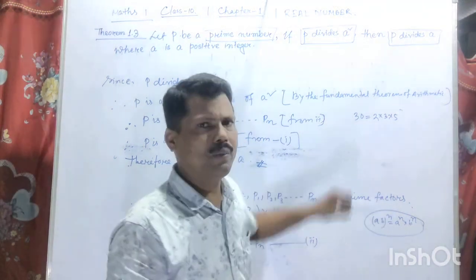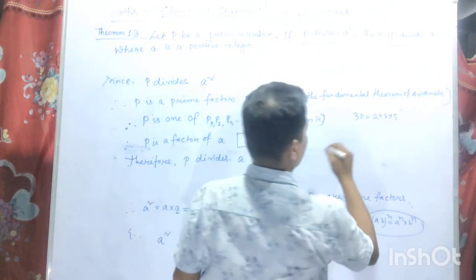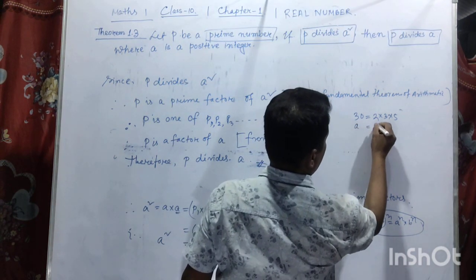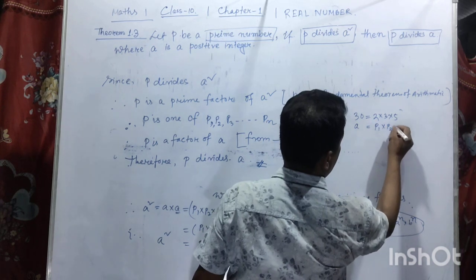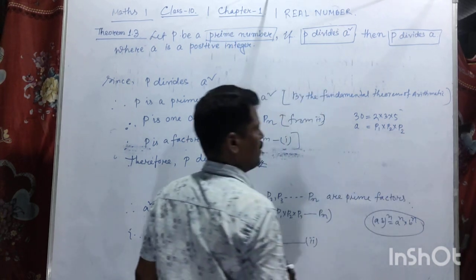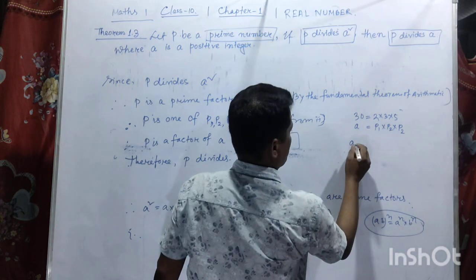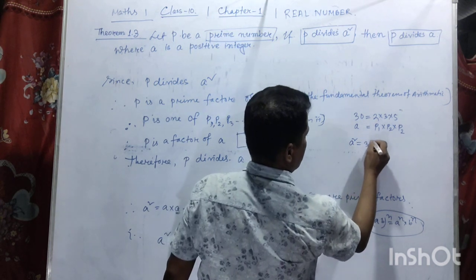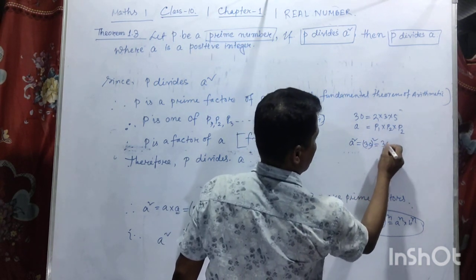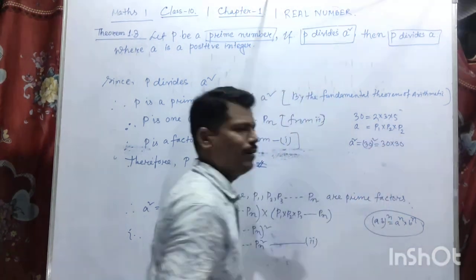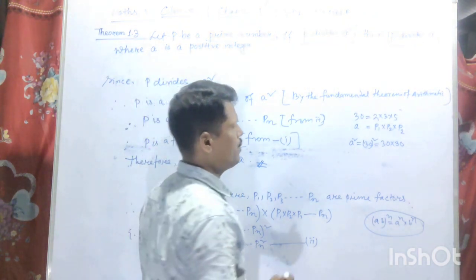If we think this is a and these are p1 into p2 into p3, then a square is equal to 30 square. 30 square means 30 into 30.